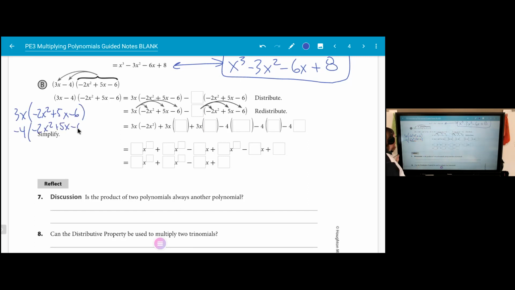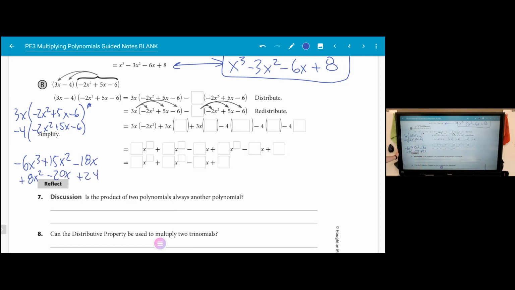We can do this. Our first one, if we distribute through, we end up with negative 6x cubed, to the third power, that's what that means, plus 15x squared minus 18x. That comes from our top one right here. On the next one, we get plus 8x squared minus 20x plus 24.